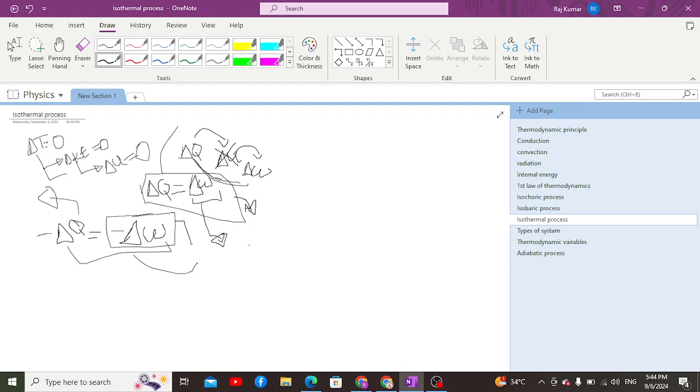The isothermal process needs to be done in practical terms as well. If we want to implement the isothermal process in practical terms, we are going to utilize non-conducting walls.